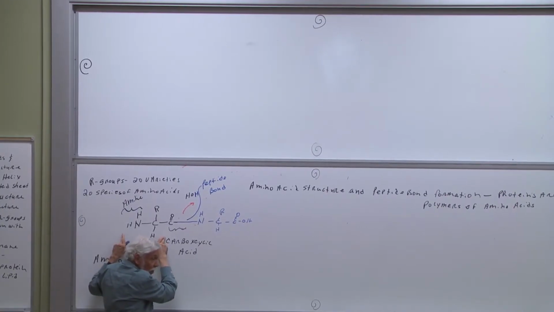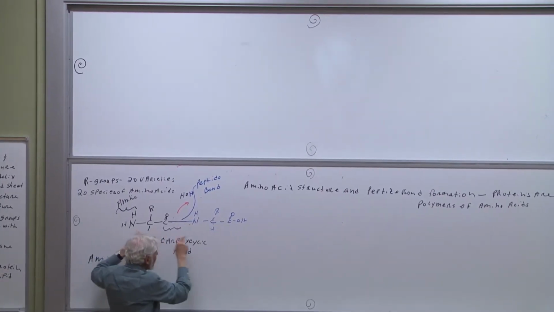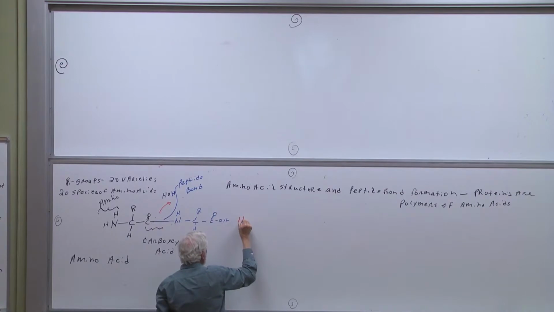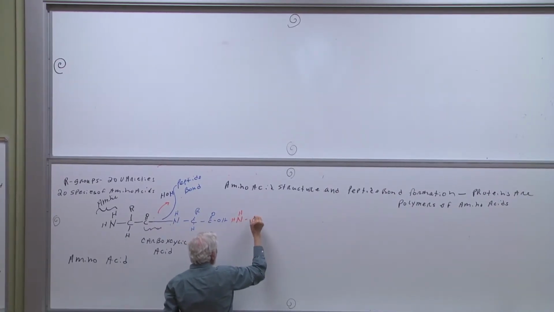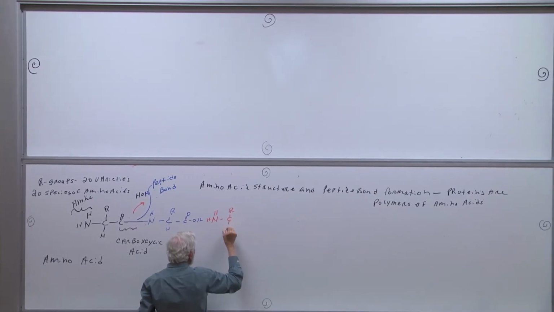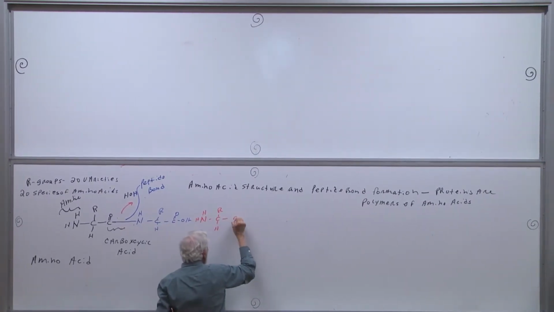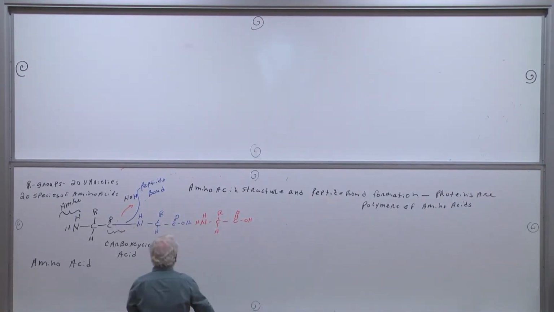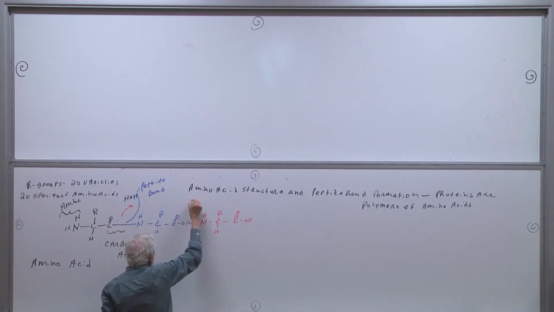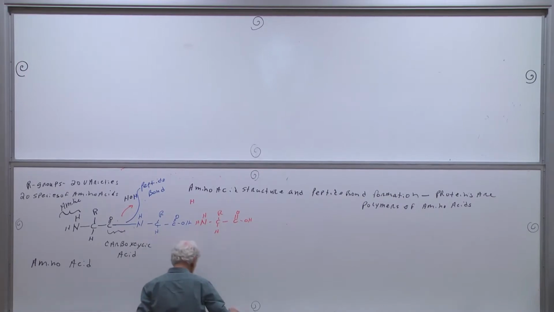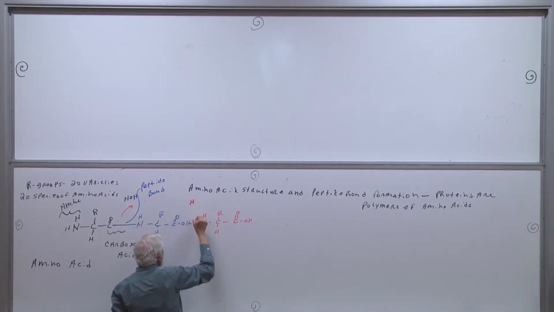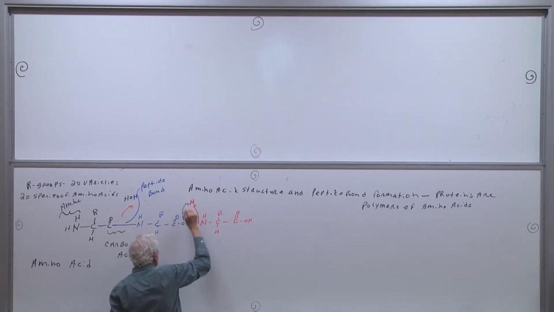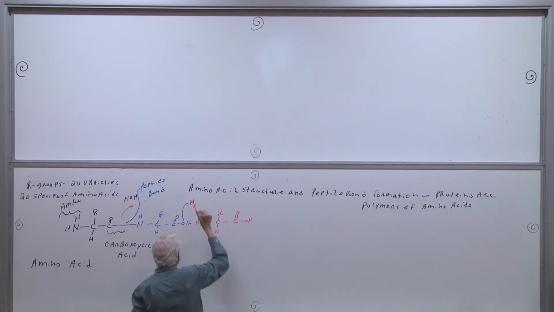What we can do here is take this first amino acid, link it to the second one, and do the same out here, where again we have a nitrogen with the two hydrogens. We have the carbon with its R group. And we again have the carboxylic acid. We can follow through the same pattern, where we have the hydrogen from the amine and the hydroxyl from the carboxylic acid to make water.